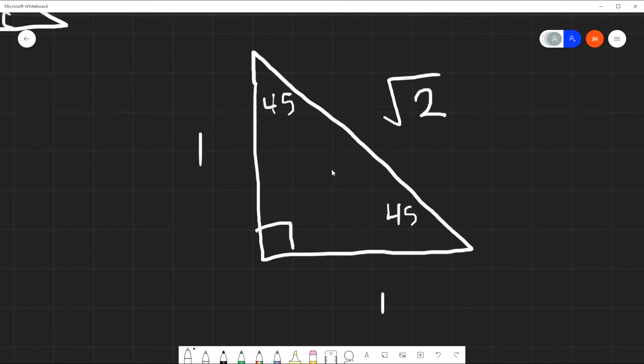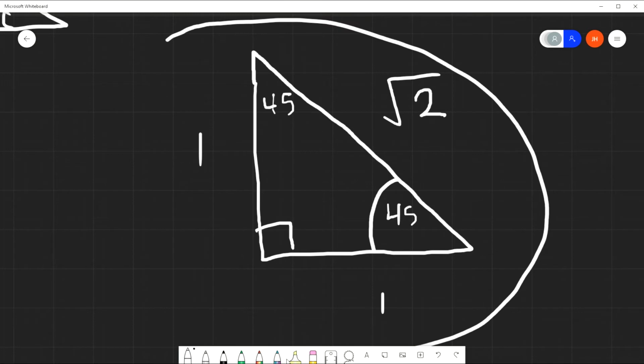Sine, cosine, tangent, and all sorts of things, anytime I have a 45-degree angle. So what I want y'all to do is make sure that you have this 45, 45, 90 triangle really seared into your mind for now.